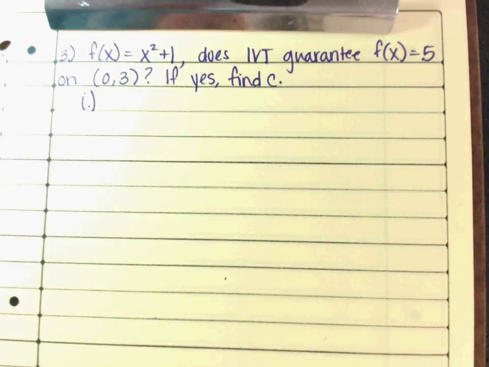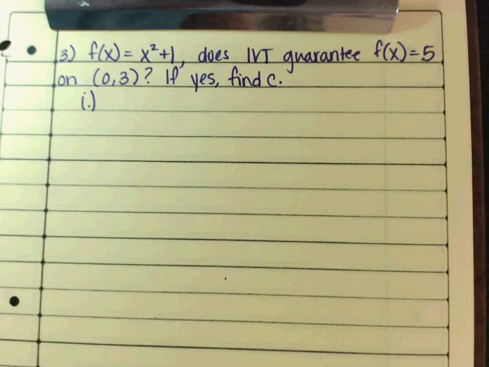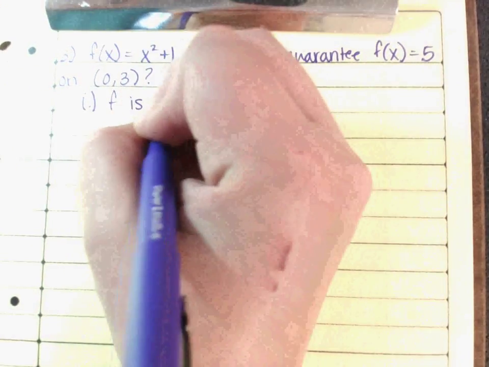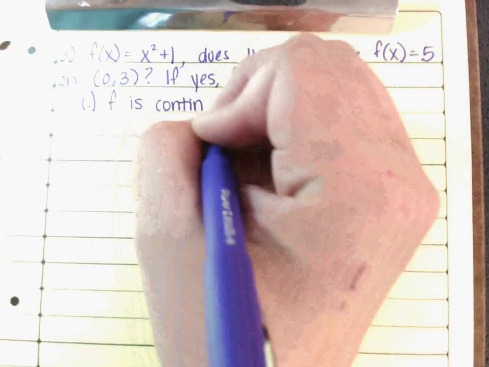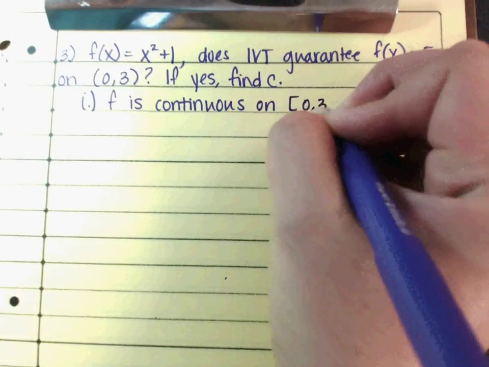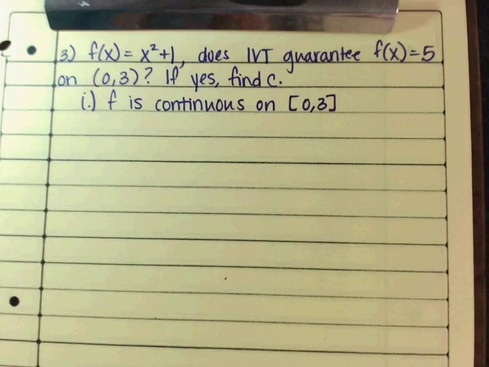Okay, step number 1, f has to be what? Okay, x squared plus 1 is a parabola. Is it going to be continuous? Okay, so f is continuous. And then remember that I have choices here. I can just put from 0 to 3, because technically that's the only part that it really has to be continuous for.